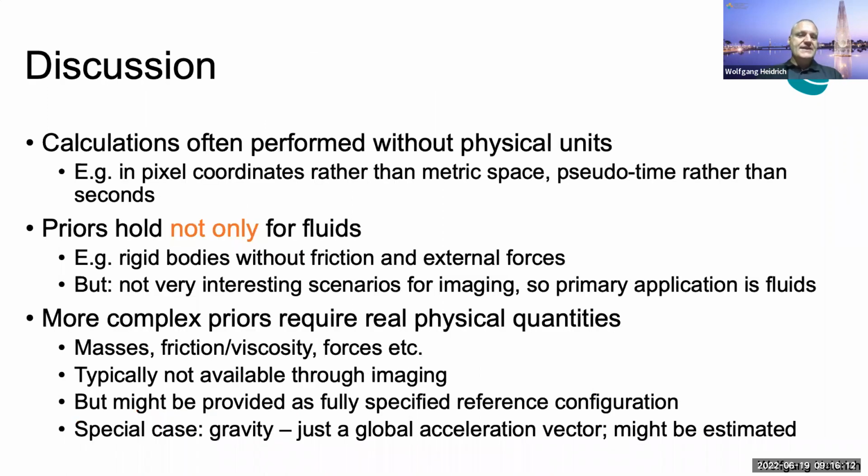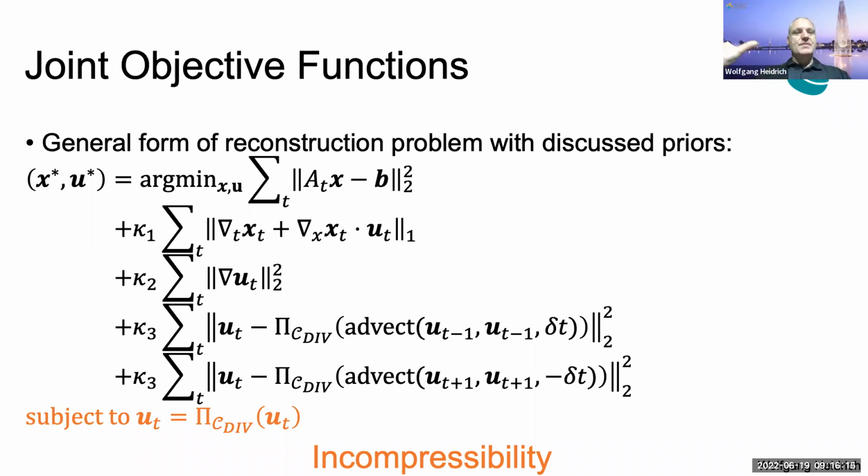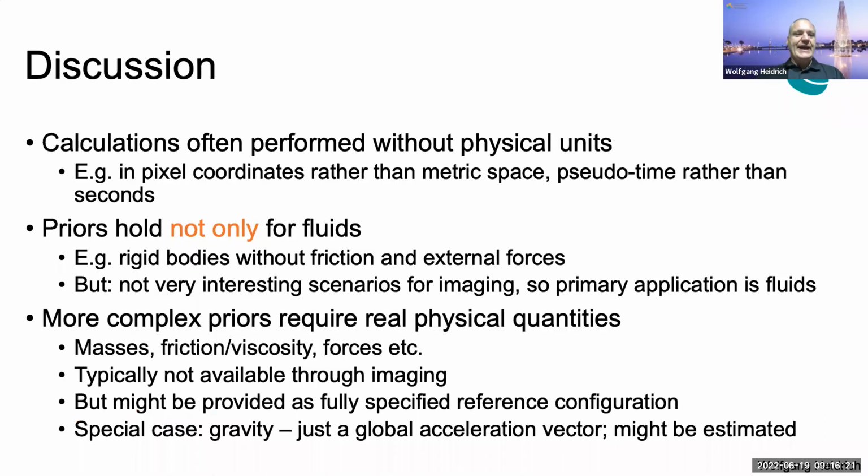And so this is the optimization problem. Again, we can split it into alternating, solving for the volumes or the data and the flow fields, and then solve this with any kind of numerical optimization. We usually use proximal methods to solve these kinds of problems.